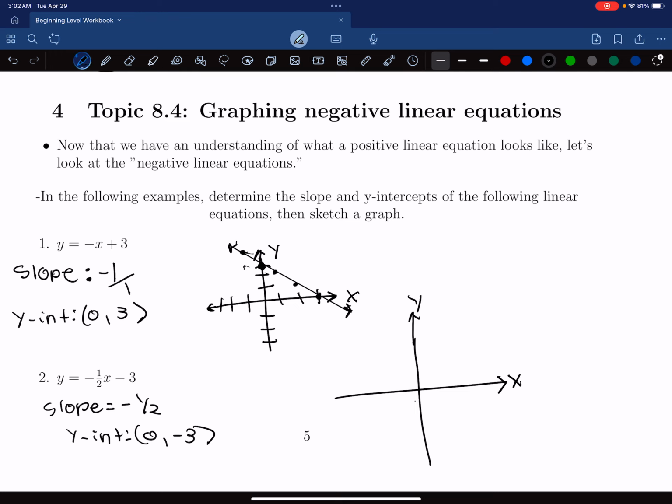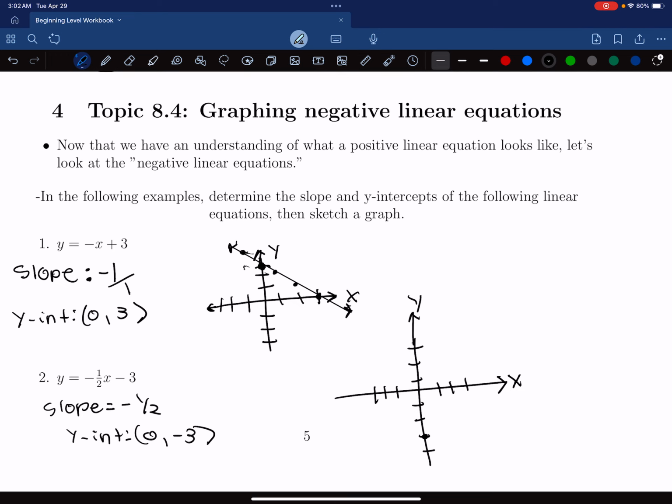So we have a y-intercept of (0, -3), which is here. I'm going to go up by 3, 3, 3. I didn't really need to make big axes, but that's okay. So our slope is going to be negative.